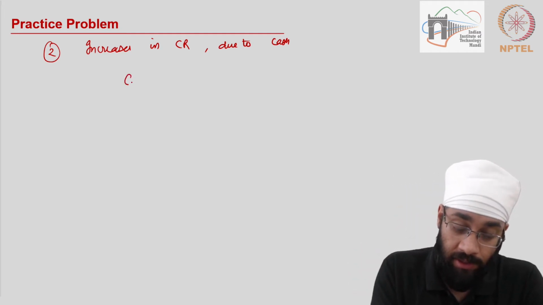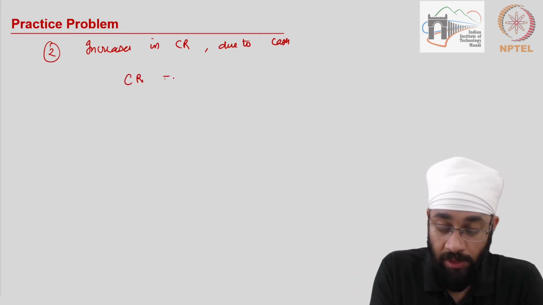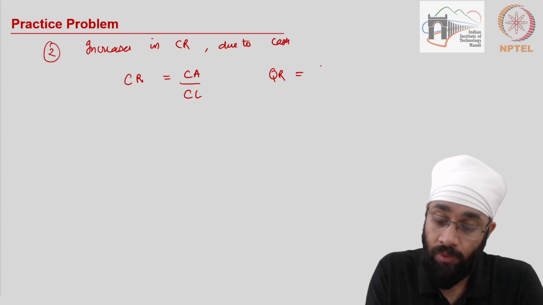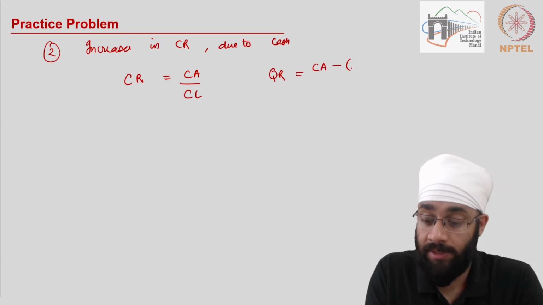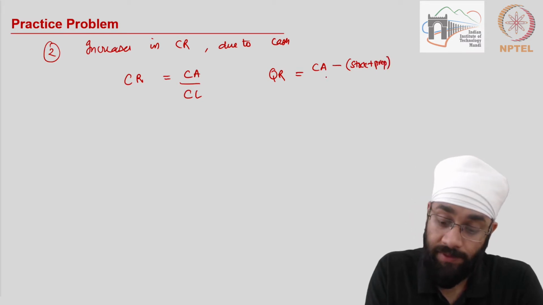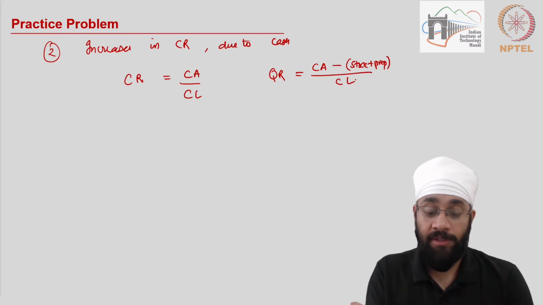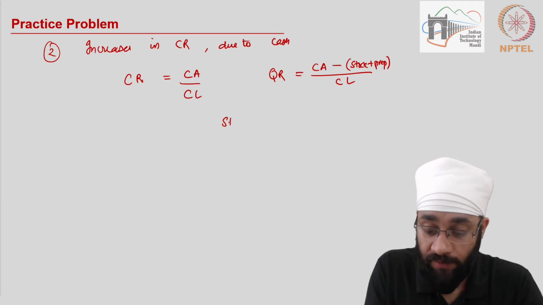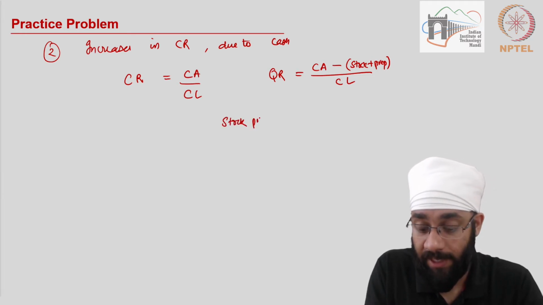Now let us look at it. Current ratio is equal to current assets divided by current liabilities. Quick ratio, on the other hand, is equal to current assets minus the stock and prepaid expenses, divided by current liabilities. So in these two ratios, the difference is that of stock and prepaid expenses.